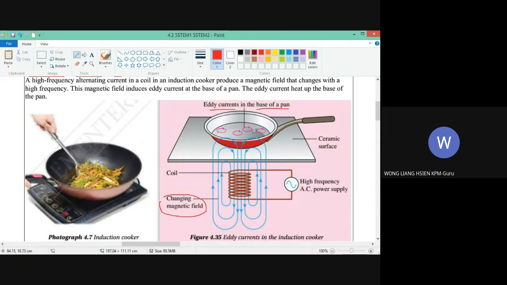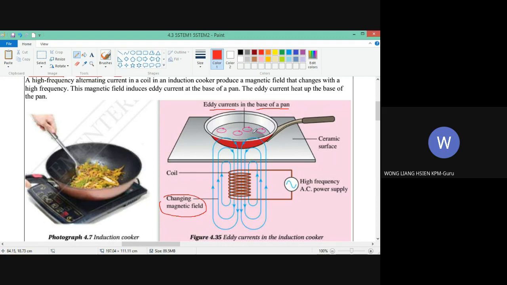When the eddy current flows in the pan, heat energy will be produced, because the charge needs to overcome the resistance in your pan or pot.